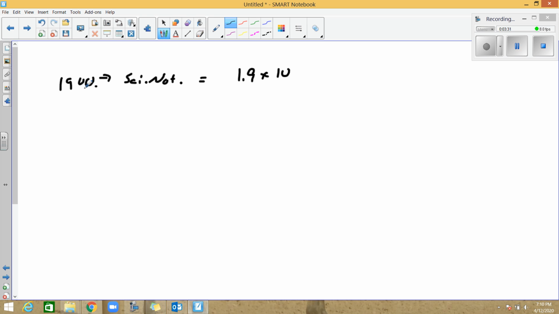So it moved 1, 2, 3 places to get between the 1 and the 9. So it moved 3 places. And you have to be careful, because scientific notation and standard notation have to be equivalent, otherwise our math process is messed up. If I take 1.9 times 1,000, I'd get a number fairly close to 2,000, and this number is very close to 2,000, so we can estimate and check that.